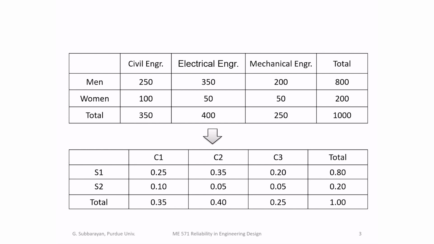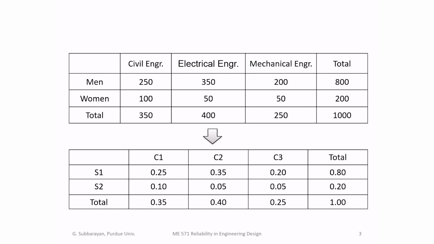S1 is the event that a student is a man. S2 is the event that the student is a woman. So now I have total number of students as 1000, so I divide each cell by 1000 to get the fractions. Okay, so the probability that a student would be in engineering and man or woman would be 1.0.